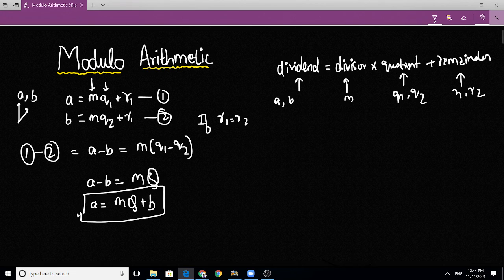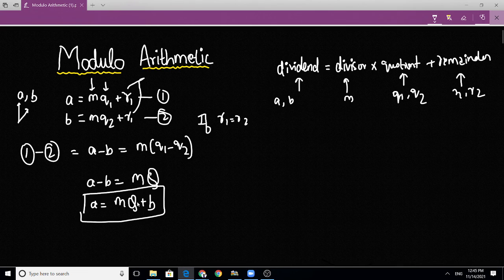I don't care about the quotient here, so I can write this as a equals m q plus b. So if I have two numbers a and b such that they leave the same remainder when divided by some number m, then a equals m q plus b. The only thing here is that the remainders are the same when you're dividing by the integer m.